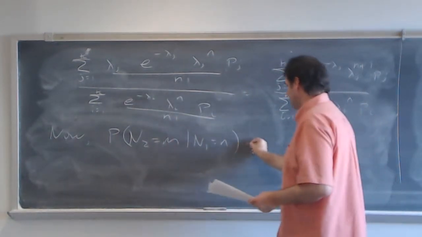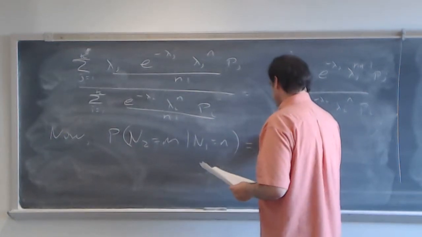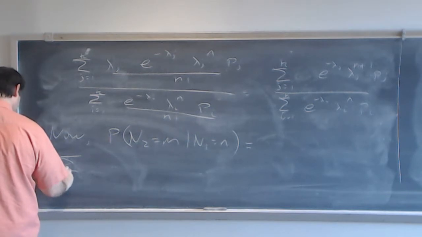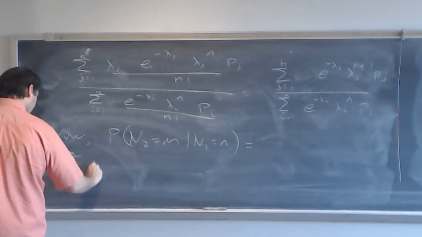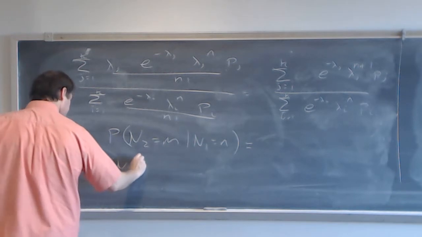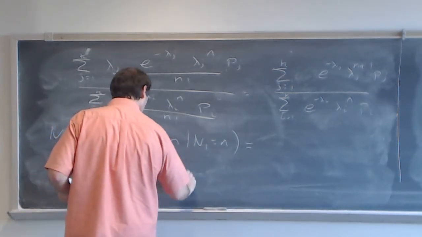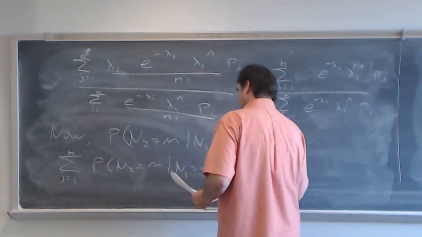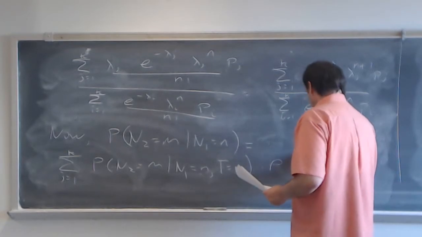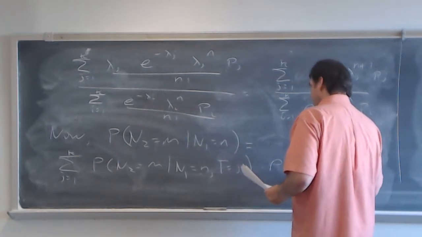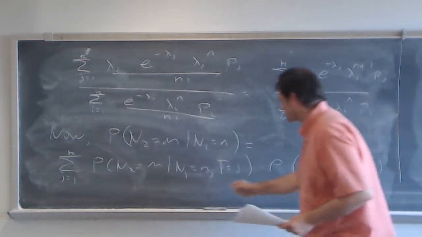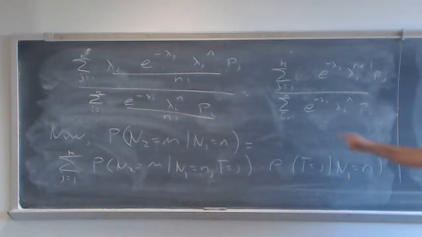And this can be rewritten as the sum, very easy to verify this, as j runs from 1 to k of the probability of N sub 2 equals m given N sub 1 equals n and T equals j, times the probability that T equals j given N sub 1 equals n. And this is common. So it's very easy to show that those two things are the same.